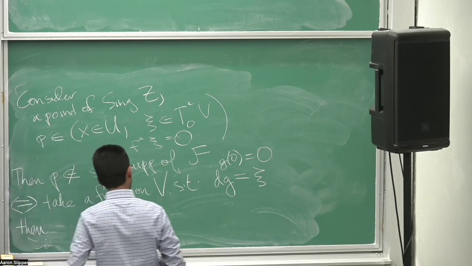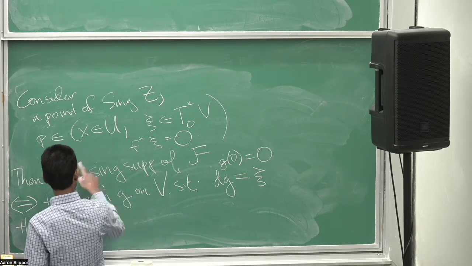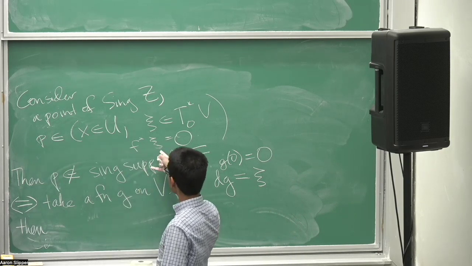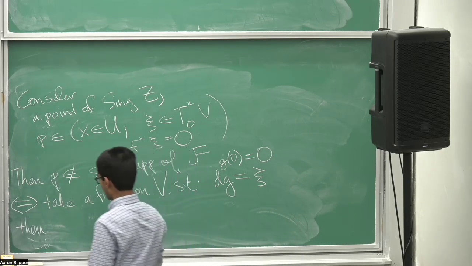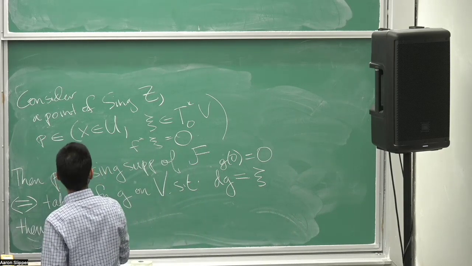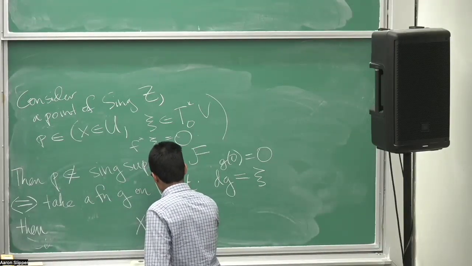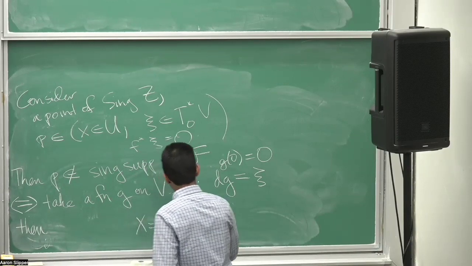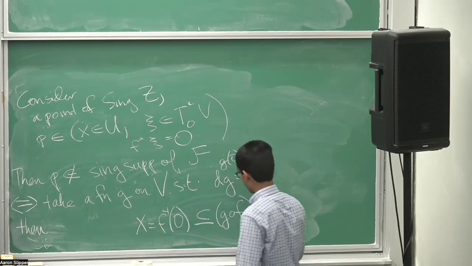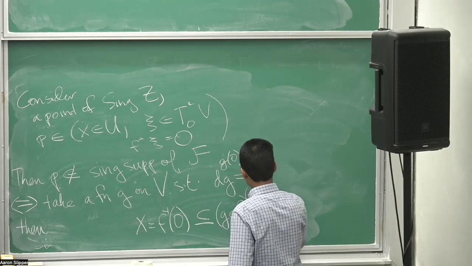And then the condition is that P is not in the singular support. So F is living on the preimage of 0 inside U. X equals F inverse of 0 lives inside the zero locus of G composed with F. G composed with F is now just a function on U, and I can take the preimage of 0.